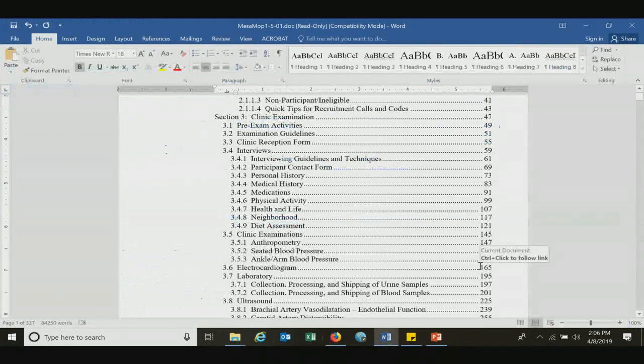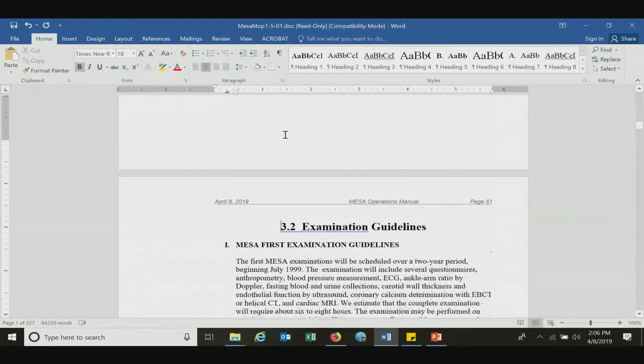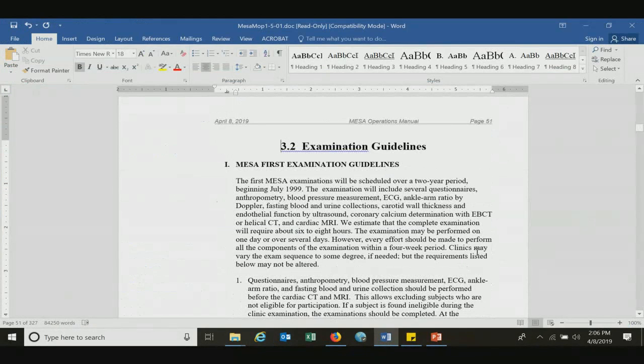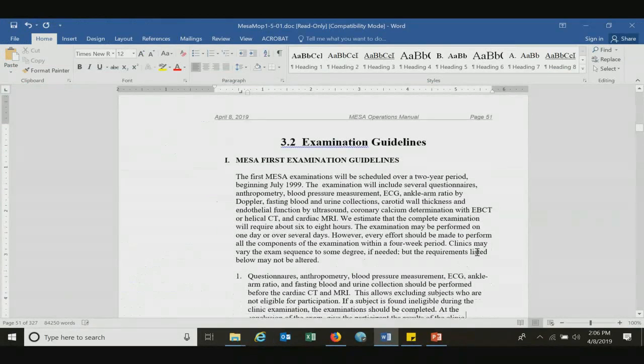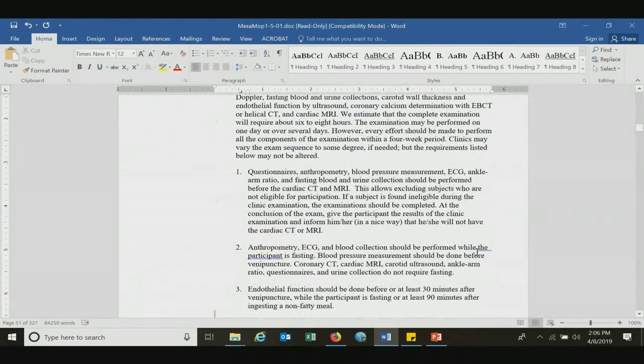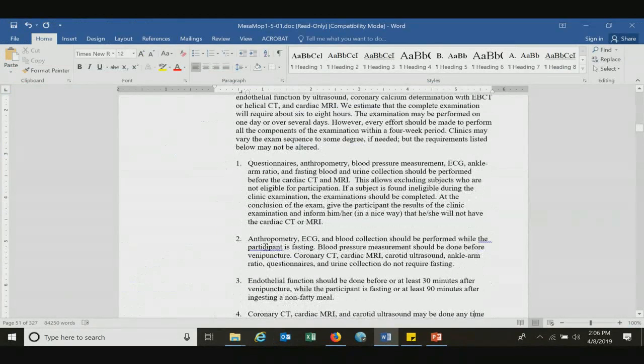Thank you. So let's look at their exam guidelines section. You can see this is where they're talking all about how the visit's going to be scheduled. Here's an important piece: these measures all need to be done while someone is fasting. So you don't want to put those at the end of the 4-hour visit. You want to let somebody be able to have a snack.